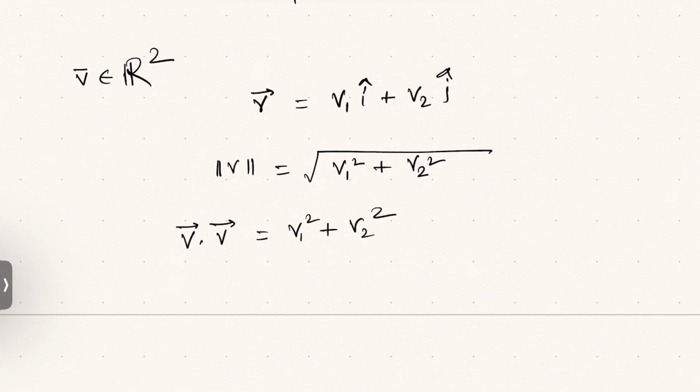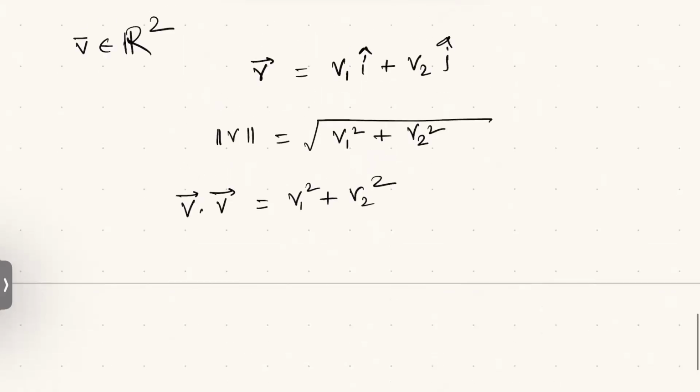That means we can define the norm using the inner product. To introduce the inner product, we need the vector space structure on a set. A set is barely a set. There is no structure on a set if we don't introduce one.